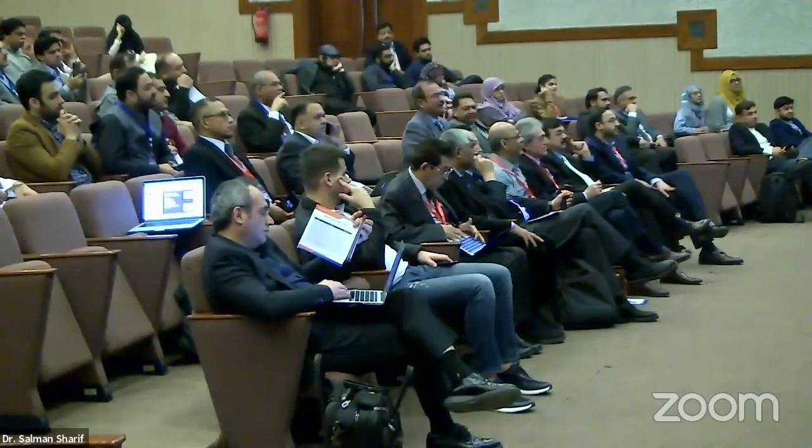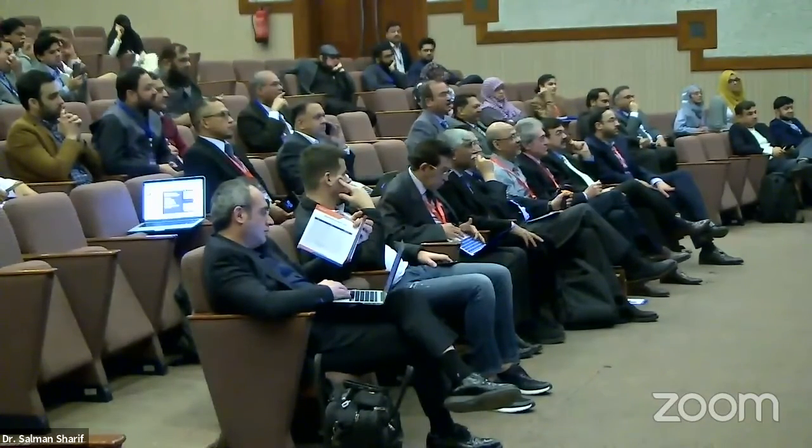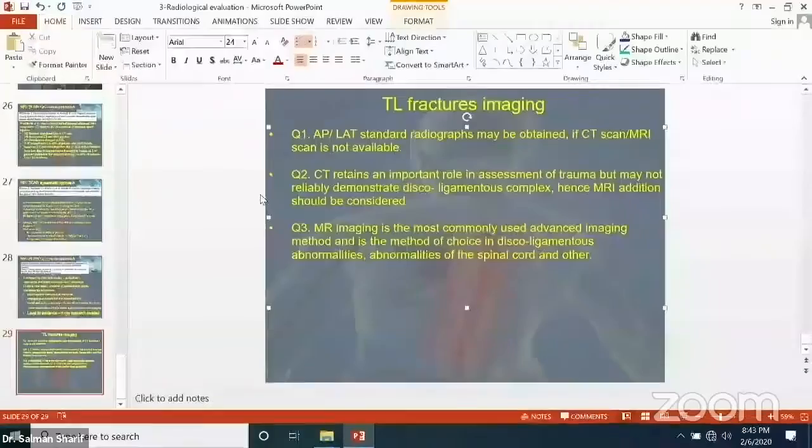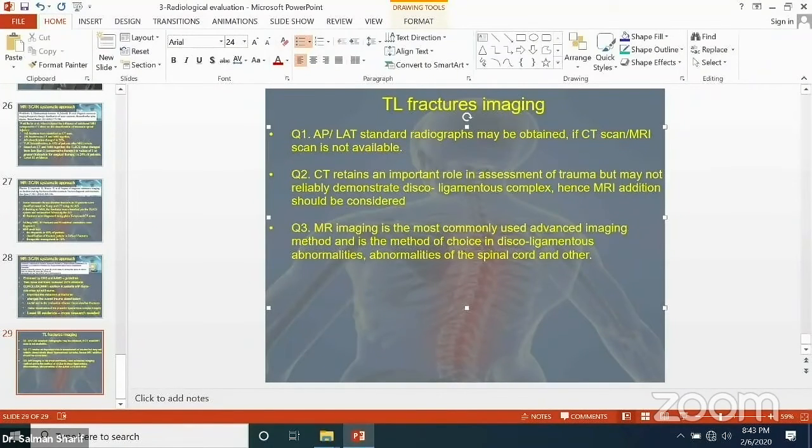I think let's go to 2. Okay. You want to read that for us? Okay. CT retains an important role in assessment of trauma, but may not reliably demonstrate the discoligamentous complex. Hence, MRI addition should be considered. Yes.